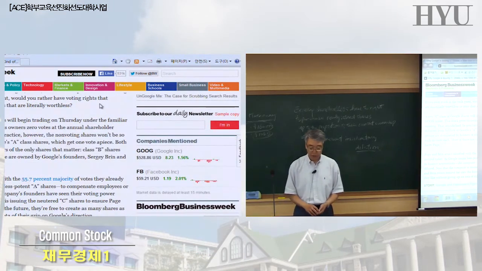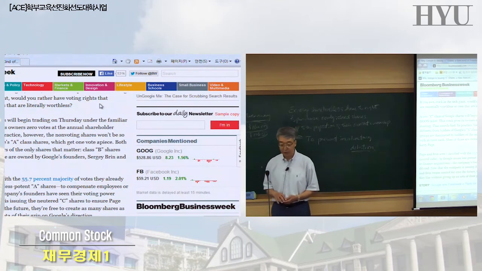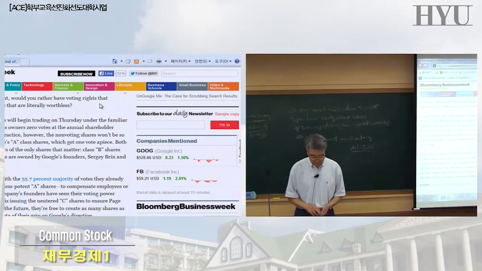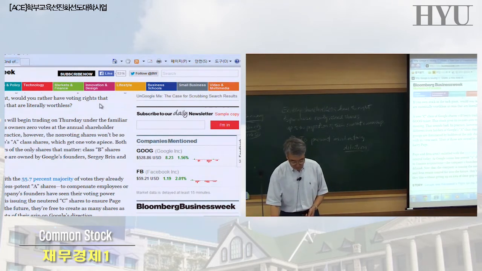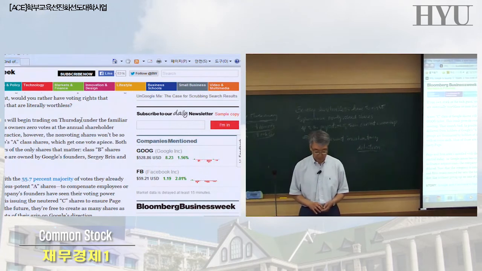Apparently they used to have A shares and B shares, but about a month ago in April, they issued the C shares. Let me just read a couple of paragraphs here. A new C class of Google shares will begin trading on Thursday, that was April 3rd, under the familiar GOOG ticker.